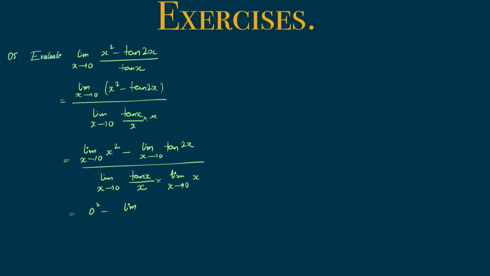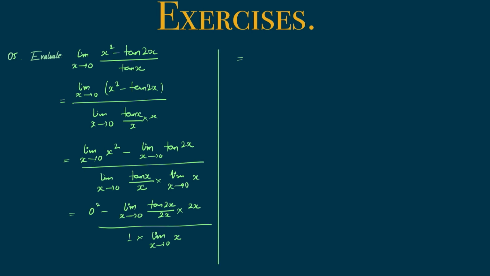limit x tends to 0. Here in order to write this in formula, I will divide tan 2x by 2x and multiply by 2x again. So whole divided by, the first portion will be 1 into here, but I cannot put the value of x as 0 now because it can be undefined.